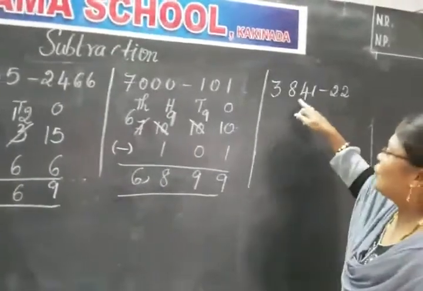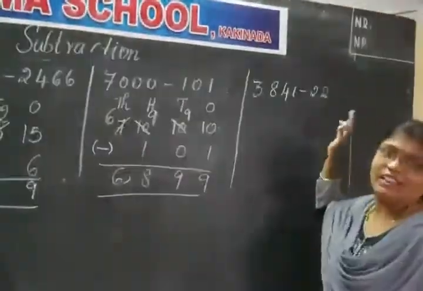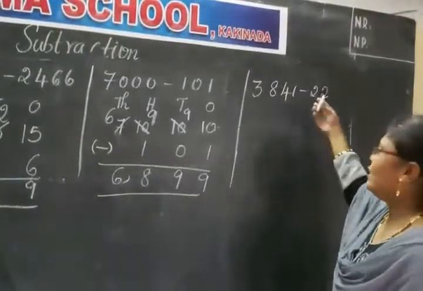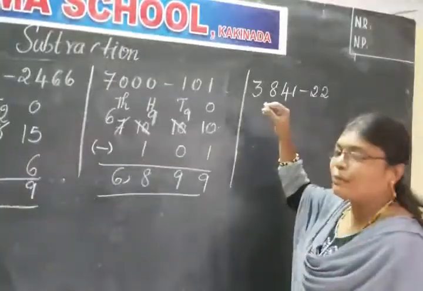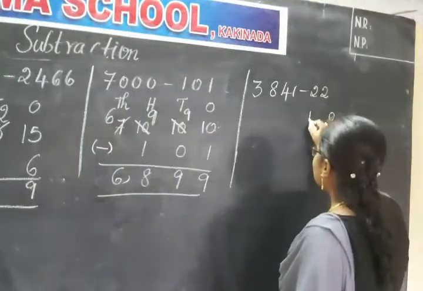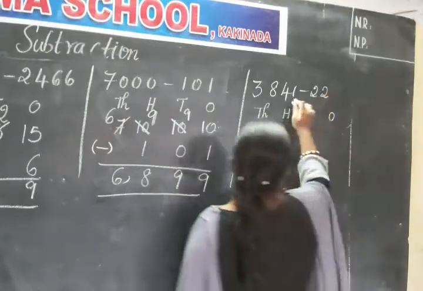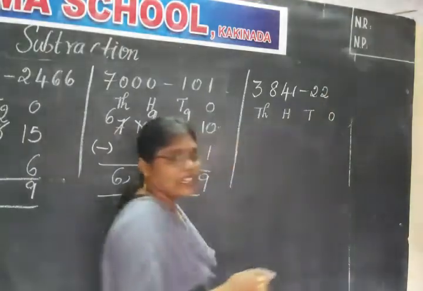Here we have a 4-digit number and here we have a 2-digit number only. Okay, you have to write the place values first when you are arranging: ones, tens, hundreds, thousands. So what is the first number? 3841.